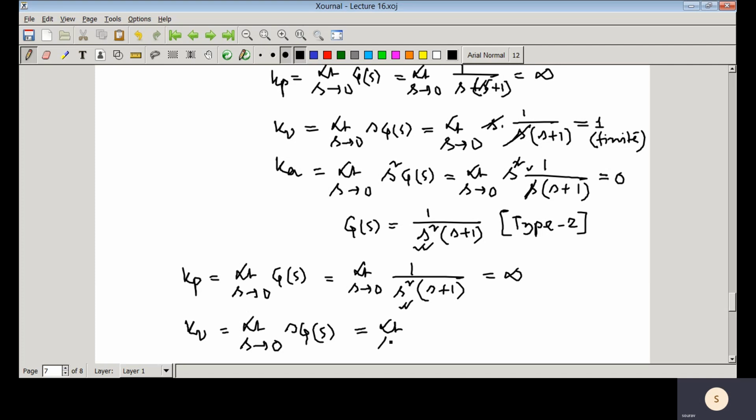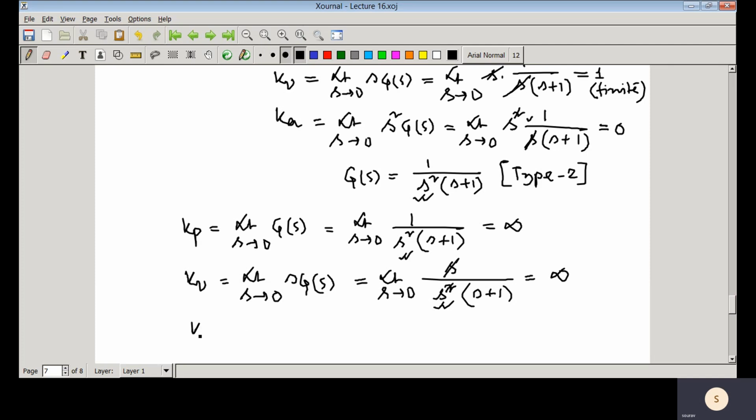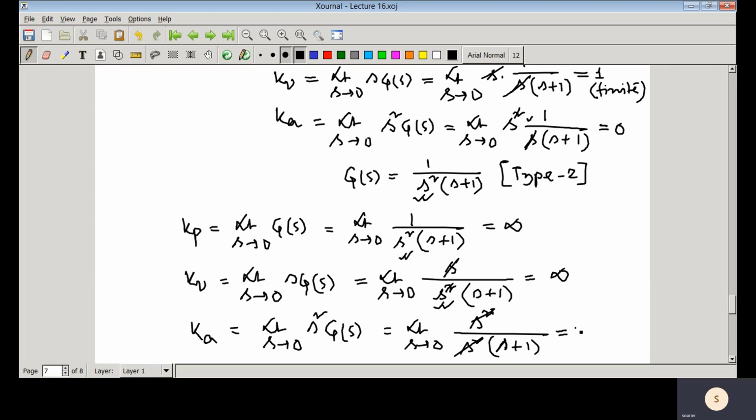So limit s tends to 0 of 1 by s into s plus 1, and here you have one pole at origin, so you can see that that would be infinity. And in this case Ka, that would be limit s tends to 0 of s square into G(s). At the bottom you have again s square and s plus 1, so s square will be cancelled out, and here s equal to 0, so this is equal to 1. That means it is a finite value.